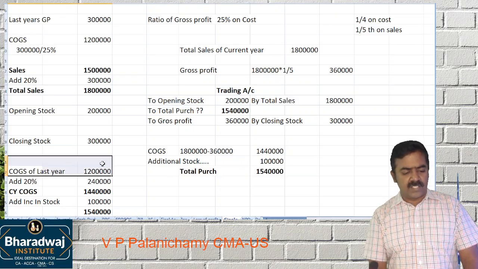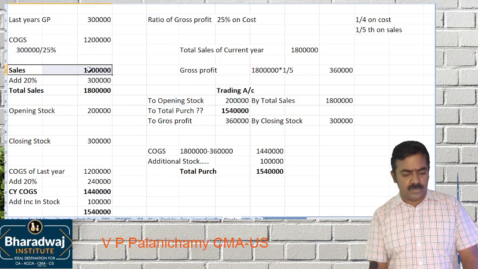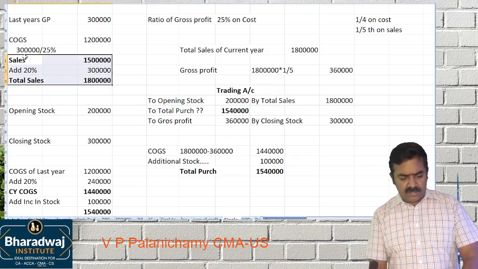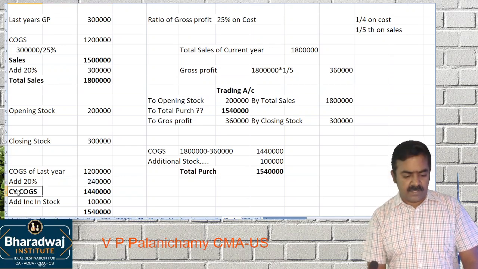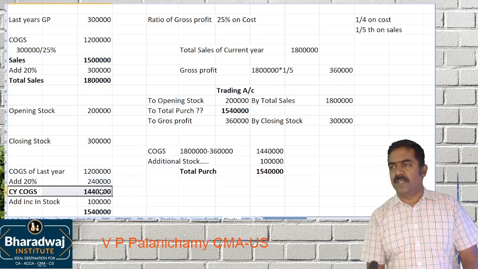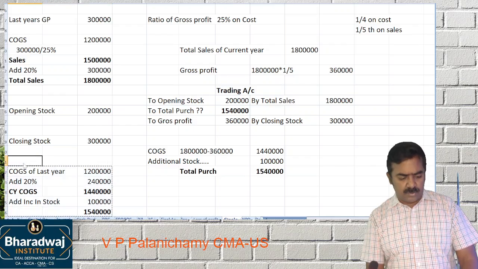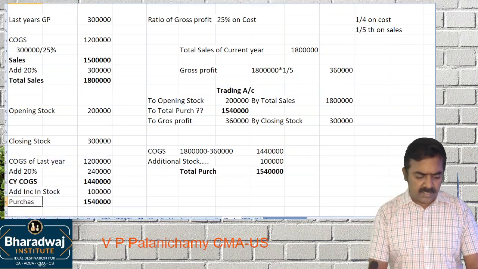Or, what is the last year cost of goods sold? 12 lakh. Since your level goes up by 20%, 14 lakh 40,000 would have been the cost of goods sold of the current year. Additional stock 1 lakh. So purchases would have been 15 lakh 40,000. This is your purchases of the current year.